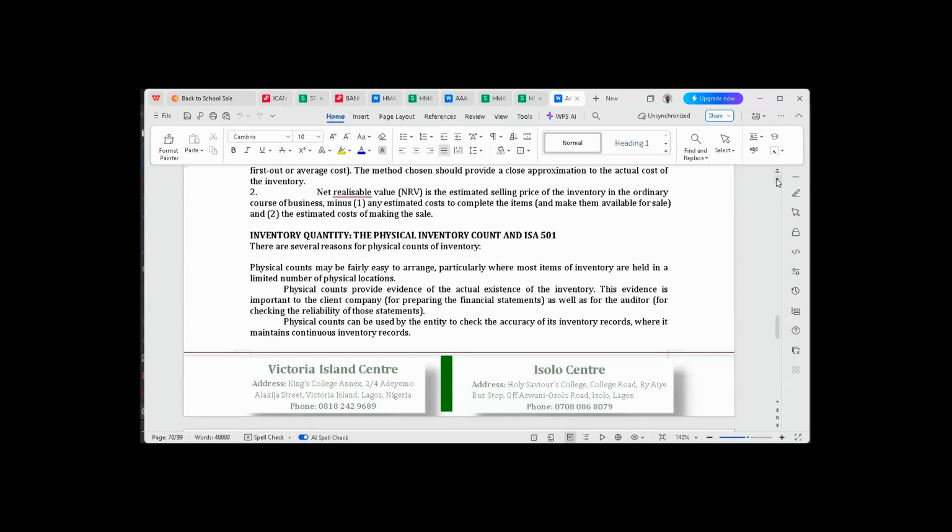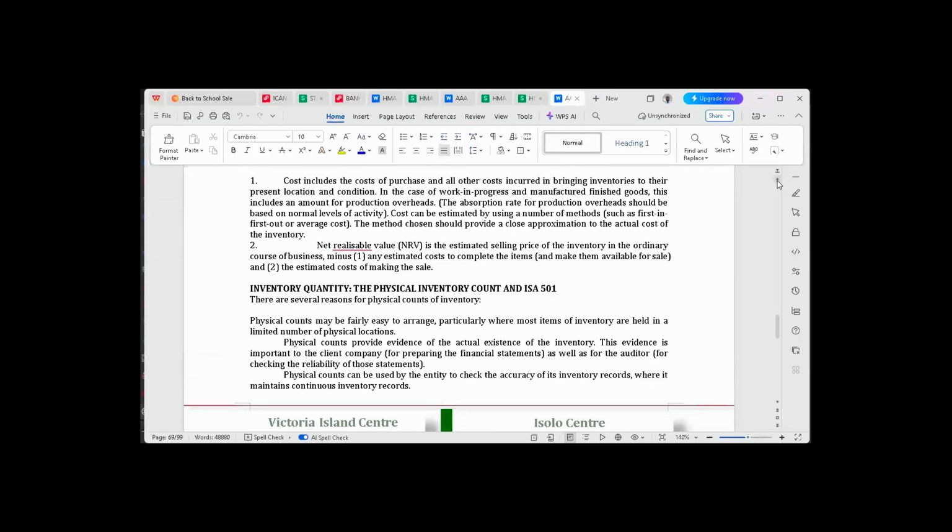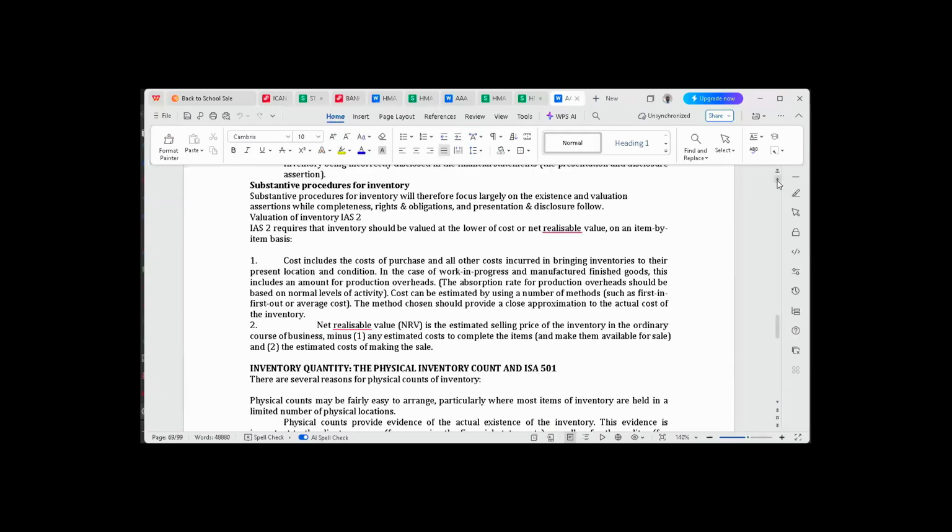So I'm going to continue from there. If you need further clarification on how we started substantive procedure for inventory, you can fall back on the last video prior to this one. Okay. So let's continue. So we're looking at substantive procedure for inventory.